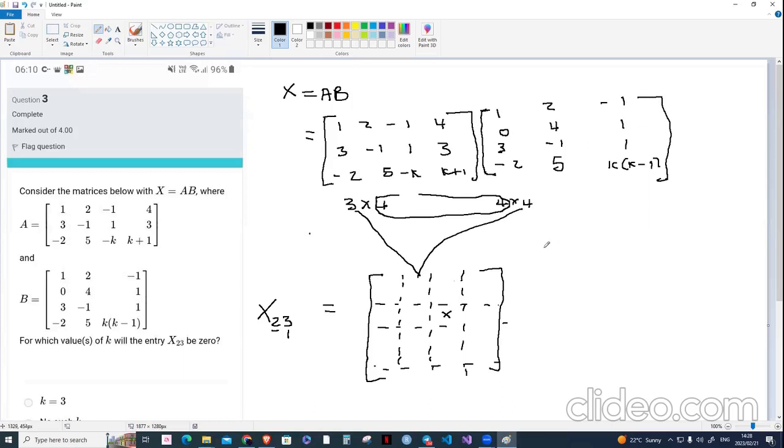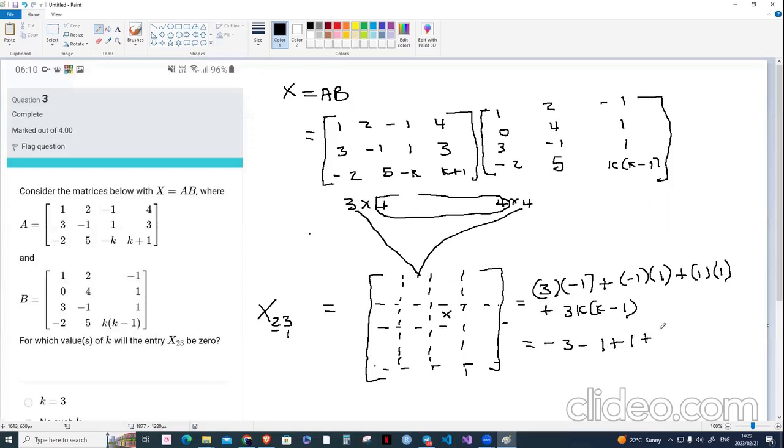So when you're multiplying matrices, we normally say this would be 3 times minus 1, plus minus 1 times 1, plus 1 times 1, then plus 3 times this one, 3k minus 1, which is minus 3 minus 1 plus 1, plus 3k squared minus 3k.